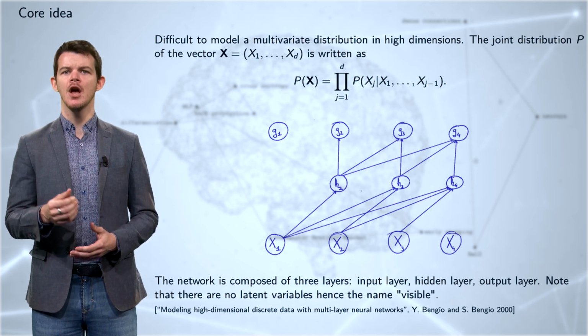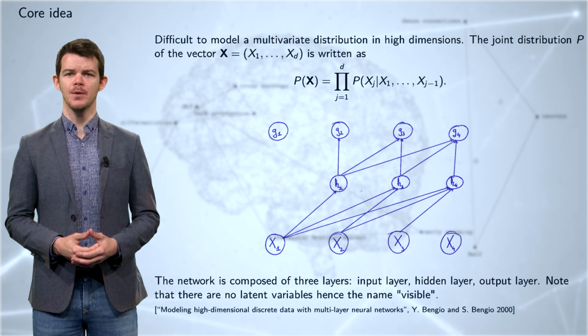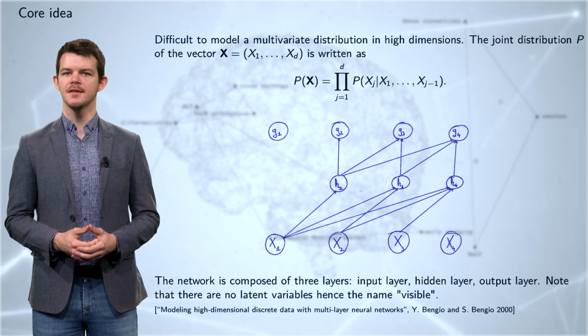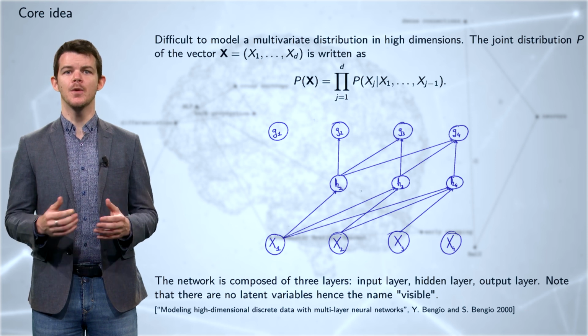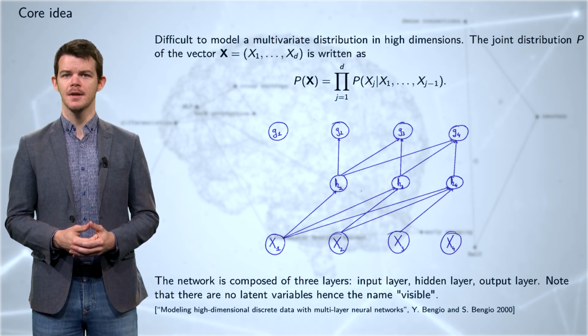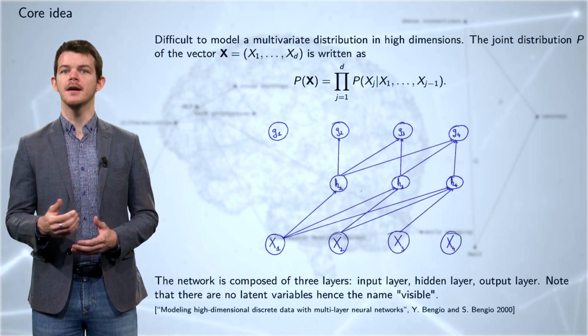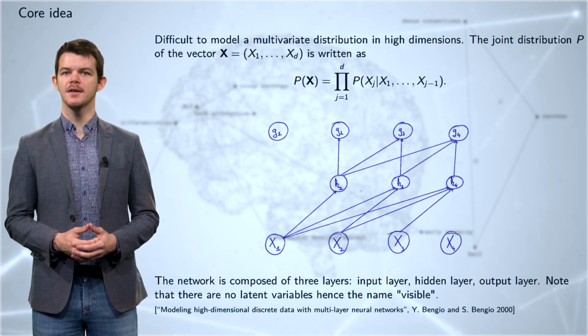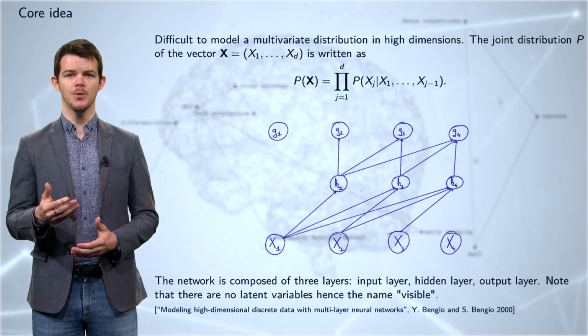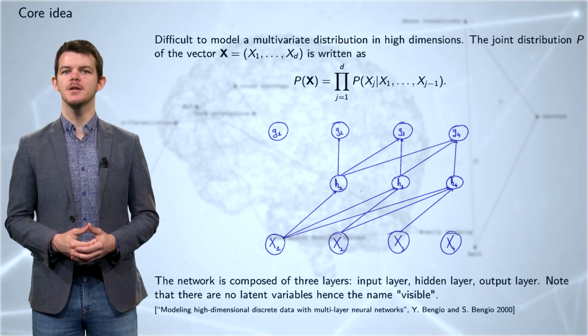To do so, you can use the parameters of the network and the form of the densities to compute the log likelihood. Indeed, this network takes x as input and outputs the estimated log likelihood parameterized via the parameters of the univariate densities. The network can then be trained in order to maximize the likelihood.